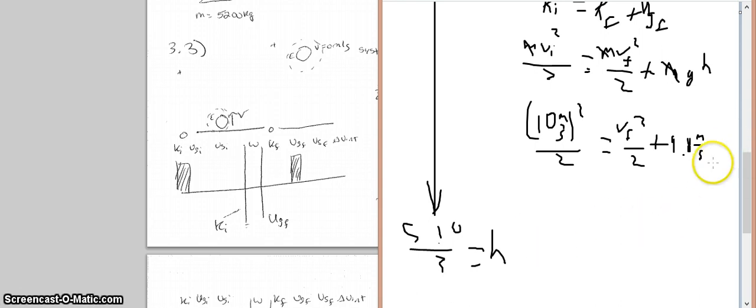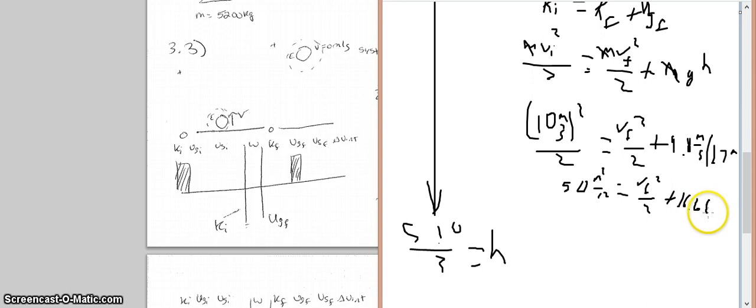So this is about 1.7 meters. Now, 50 meters squared over a second squared is equal to final velocity squared divided by 2 plus 16.66 meters squared over a second squared.